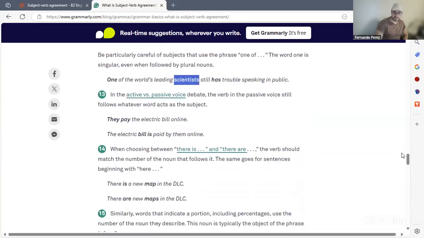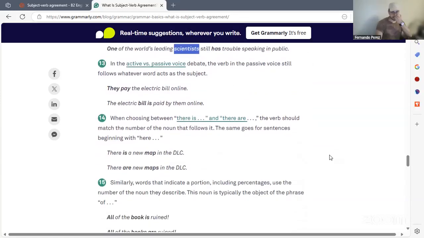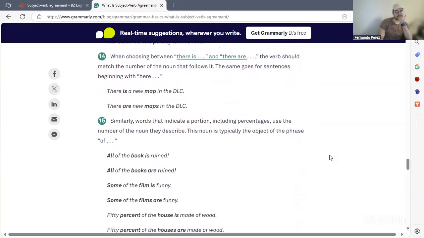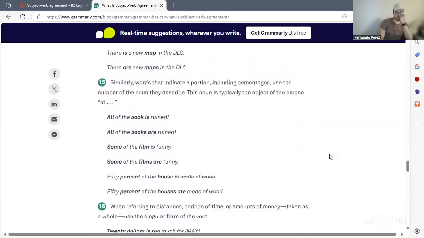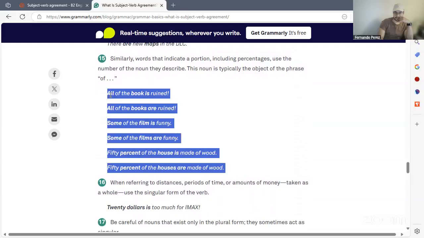What else should be an issue? Look at this.